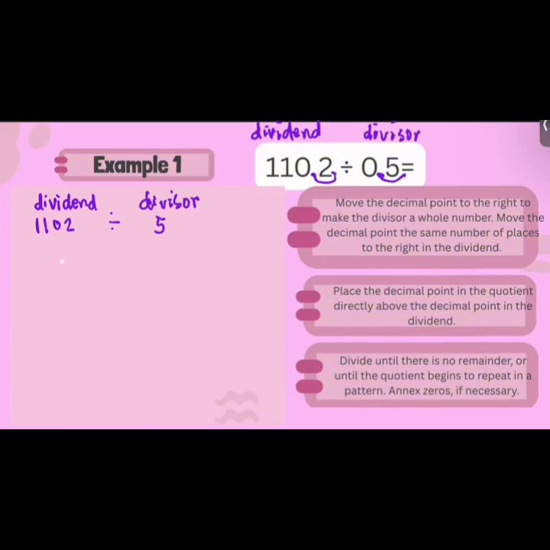So we are going to use the division bracket. In the division bracket, we have the dividend, divisor, and quotient. The dividend is placed inside the division bracket, while the divisor is outside and the quotient is on top. So the dividend inside the division bracket is 1,102. Then the divisor is outside, so here is the divisor. And the quotient will go here on top.